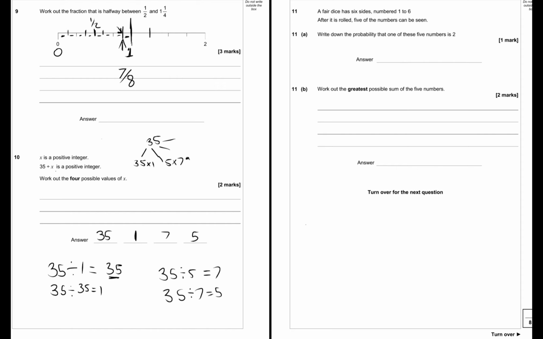Okay, so how many possible ways can it land? So how many outcomes are there? There's 6, isn't there? And how many of these numbers can you see? You can see 5 of them, can't you? So the probability that one of these 5 numbers is going to be 6, because the bottom is the total amount of outcomes.